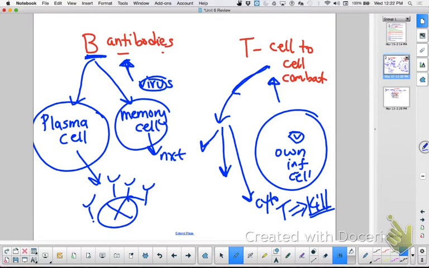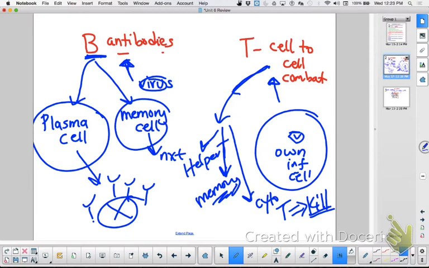What else will he make? Memory cells, and those are for next time for a faster response. And then what's the third one he makes? They get infected with HIV really badly. Helper T cells. Okay, so helper T cells augment your immune response. So this is your specific immune response.